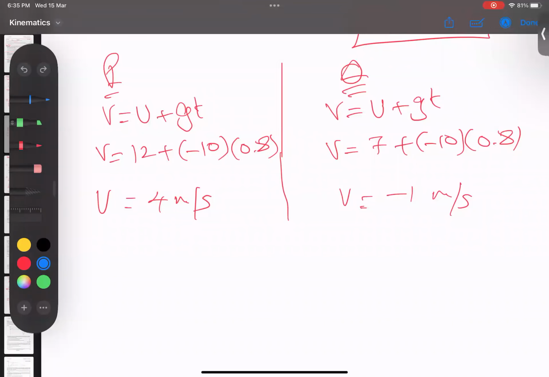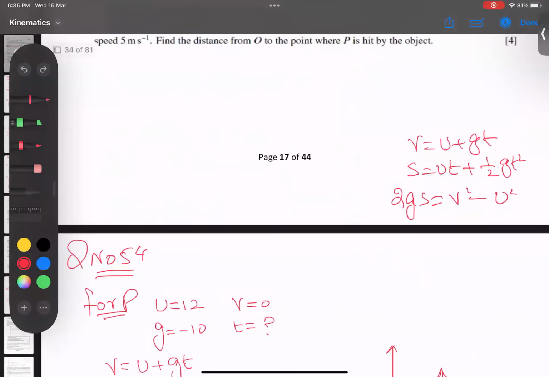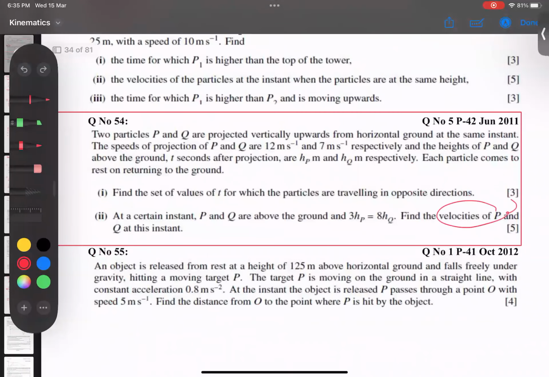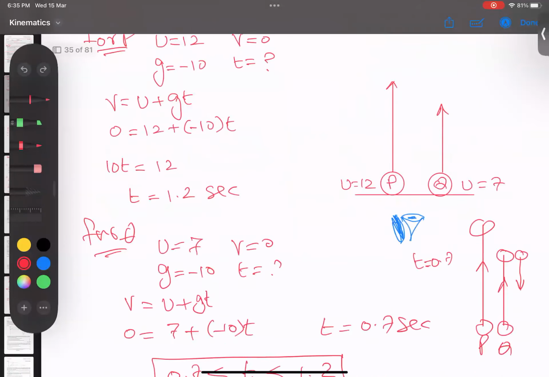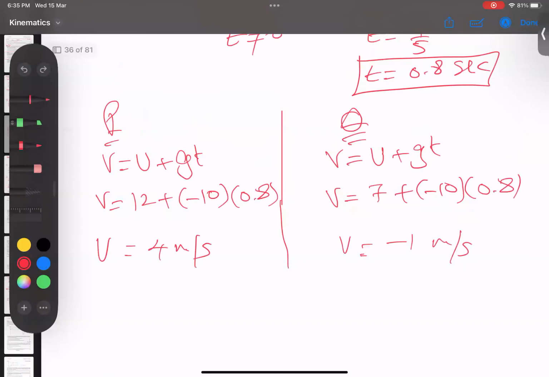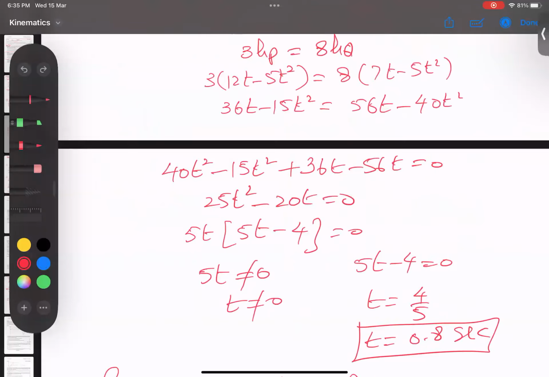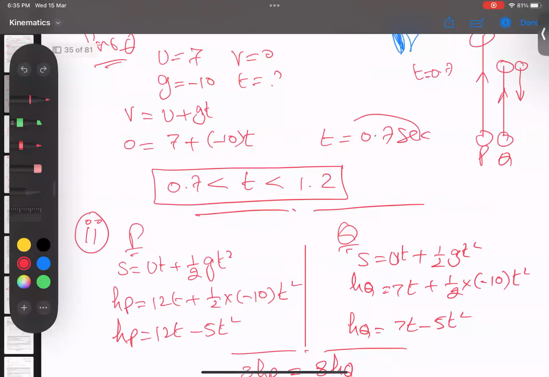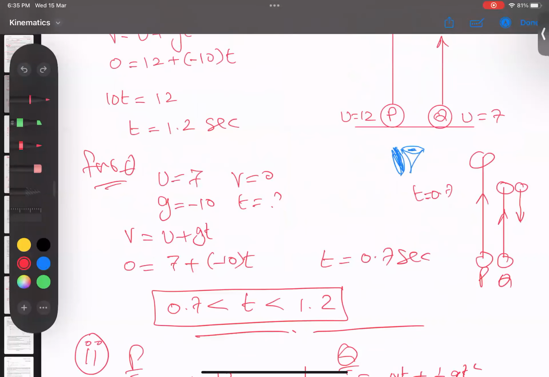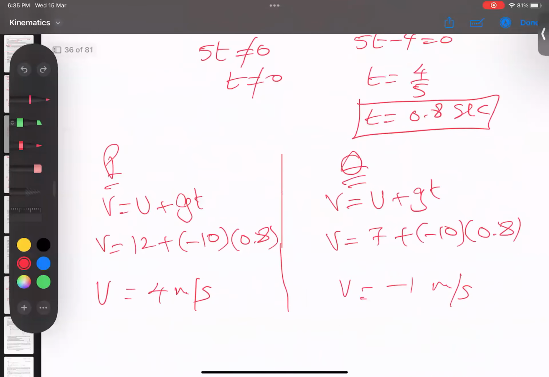And what was he asking us? The question he was asking us: find velocities of P and Q at this moment. So it means our answer is correct. How do I know it's correct? Because at 0.7 seconds, the first particle stops and turns back. That is why you can sense that this 0.8 second is after 0.7 and it is turning back. That is why I got negative 1 velocity.